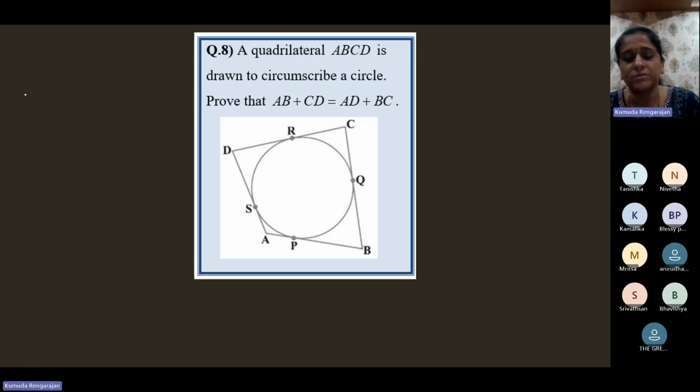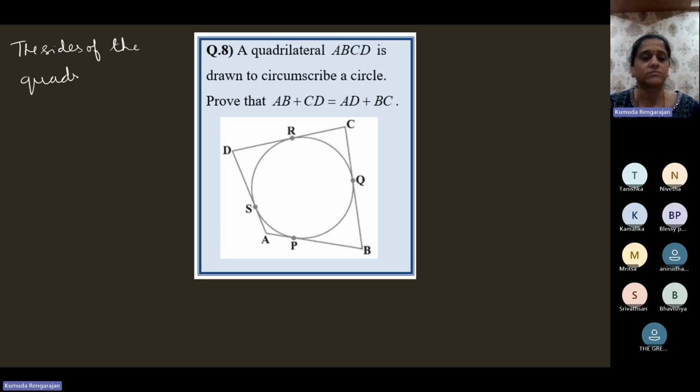now see, we can understand many things from this figure. The sides of the quadrilateral are tangential to the circle.